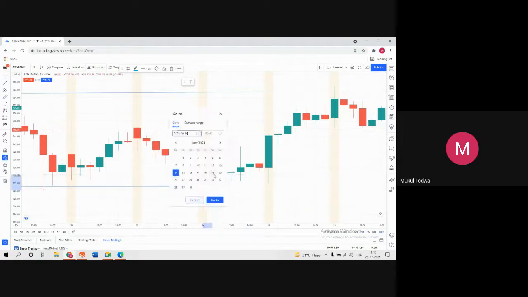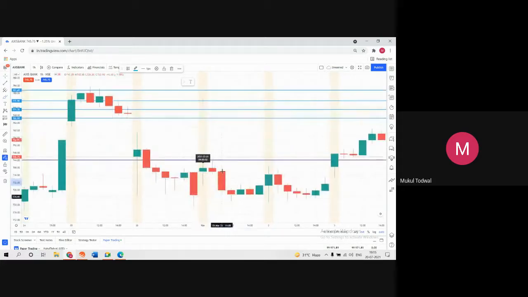Another example of it to make it more clear for you all, 2021-02-28. This is a downtrend.